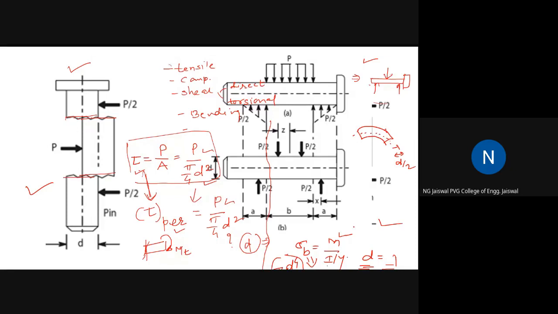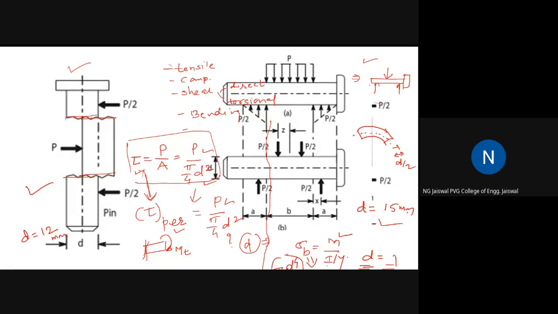Now the question comes, if you have two equations and two diameters, which diameter will you finally select? The answer is, suppose by the shear failure method you found that the diameter of the pin is coming to, say, 12 mm, right? And by the bending method you find that the diameter of the pin is coming to 15 mm.